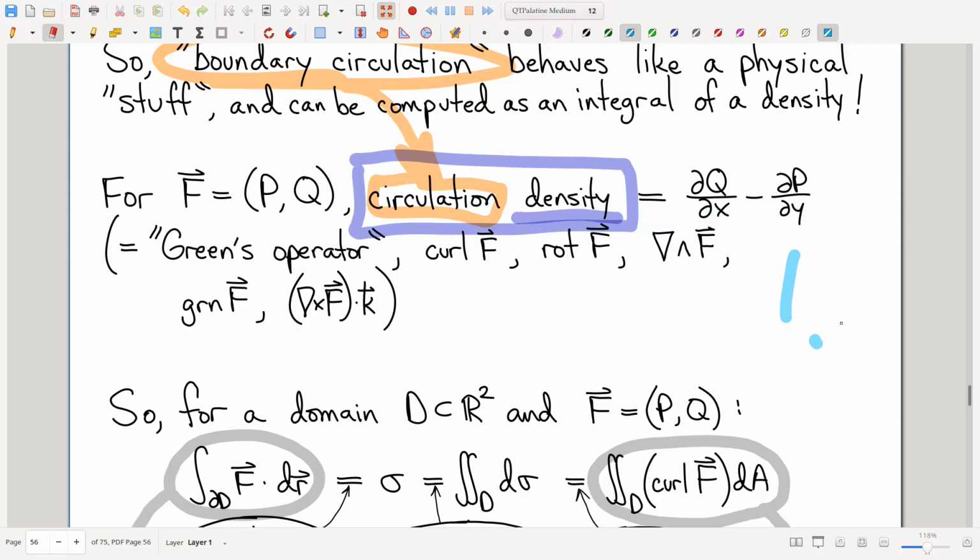And then lastly, I have to recognize the book uses this expression right here. I am significantly opposed to this expression. This literally uses a cross product. And yet, wait a minute, our vector field is two-dimensional. There is no such thing as a cross product of a two-dimensional vector. Right?